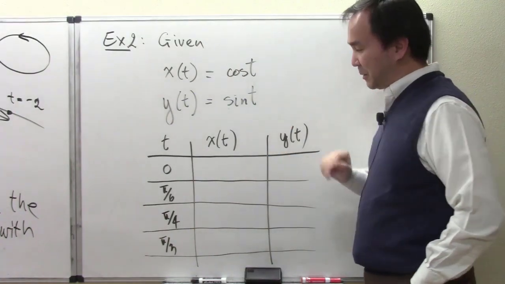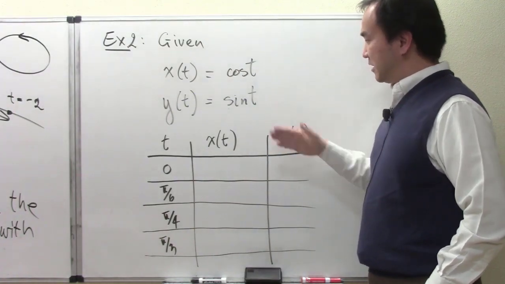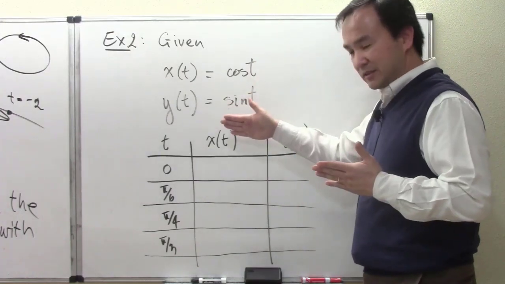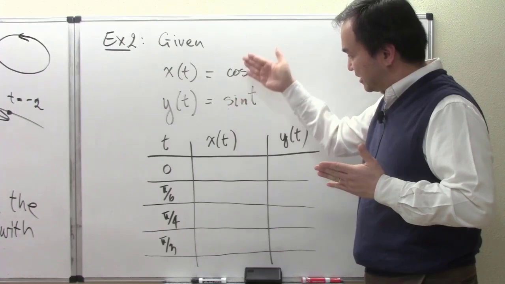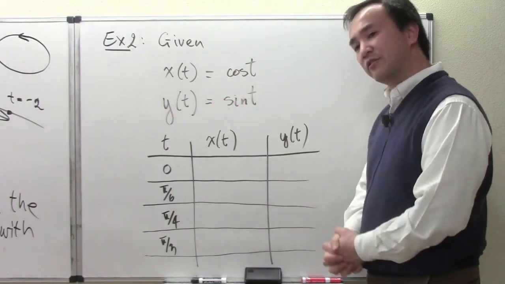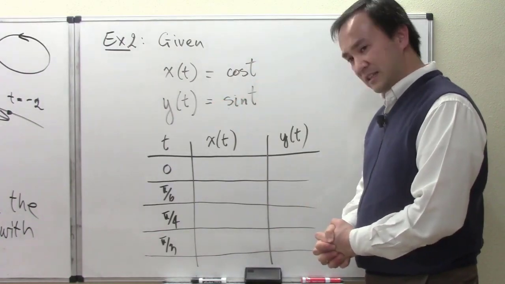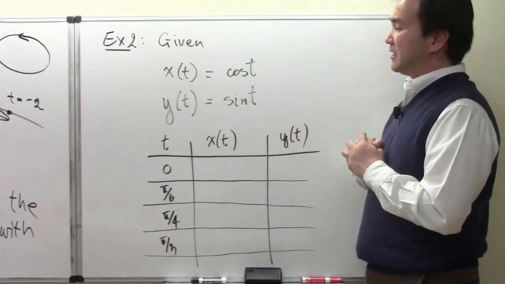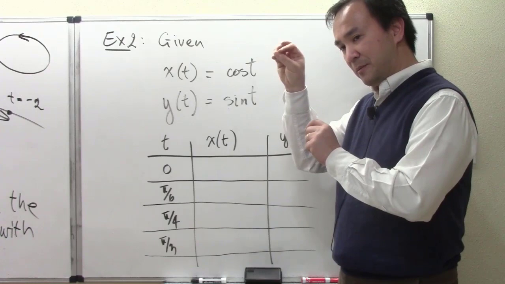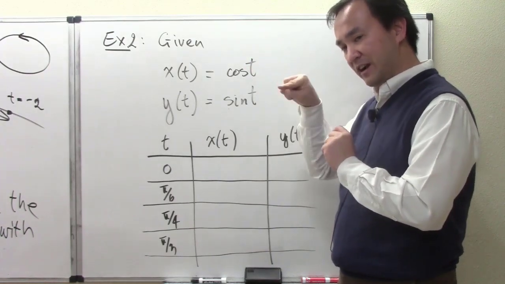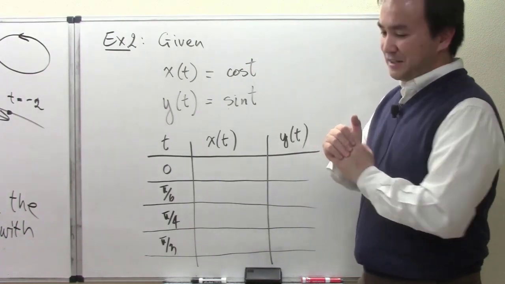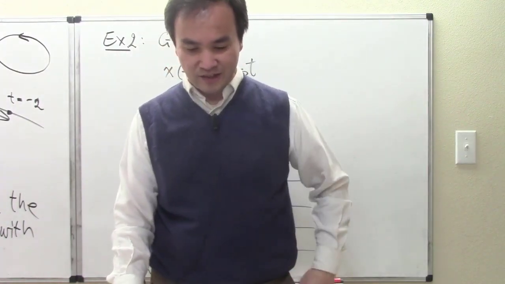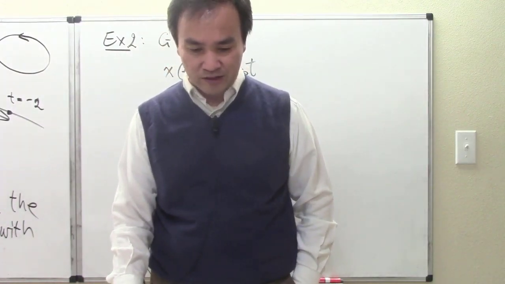And you can see how this set of parametric equations gives you a graph, gives you a path, and that path also has a description of how a particle on that graph is moving along the graph.